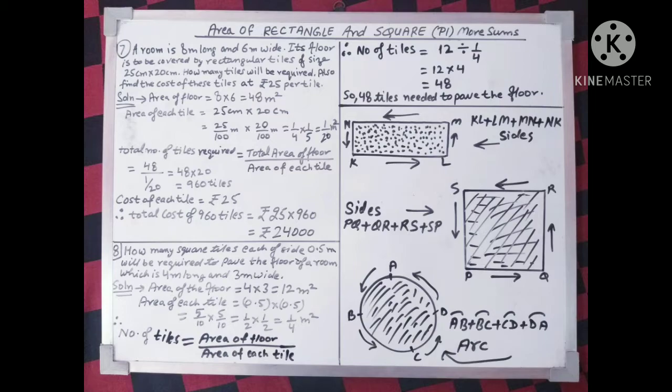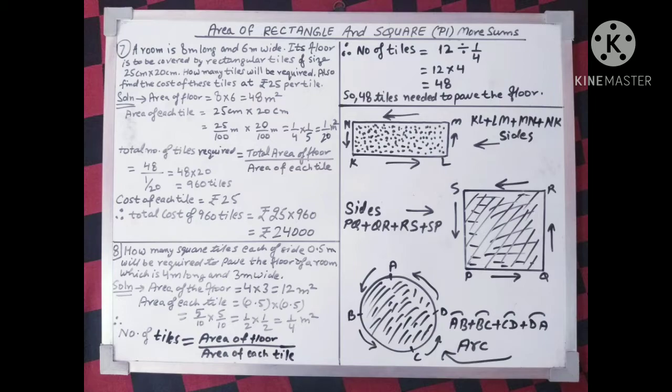Find the cost of these tiles at the rate of rupees 25 per tile. In this question, we will first find the total area and then we will find the area of each tile so as to get the total number of tiles, right? So we will proceed as follows.